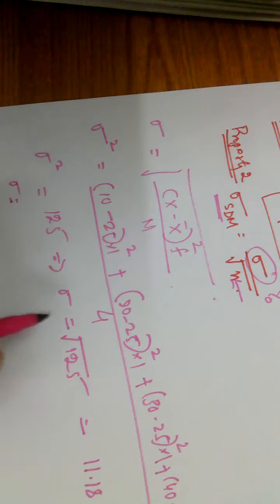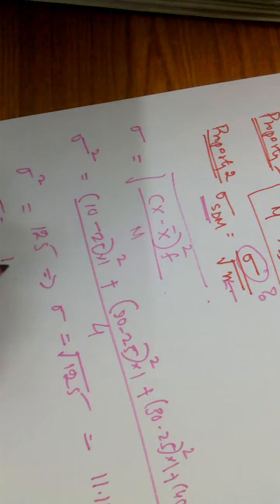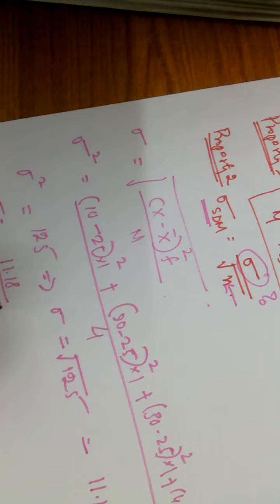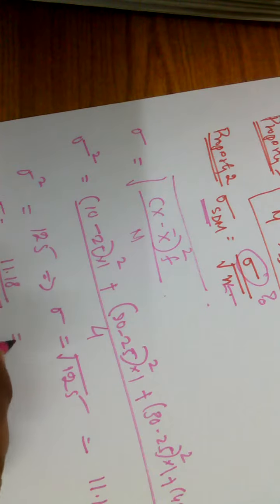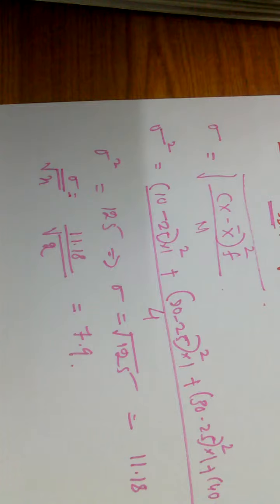So we'll put the value of sigma here. Sigma divided by under root of n, where n, the size of the sample, is 2, is equal to 11.18 divided by under root of 2. So it is equal to 7.9.